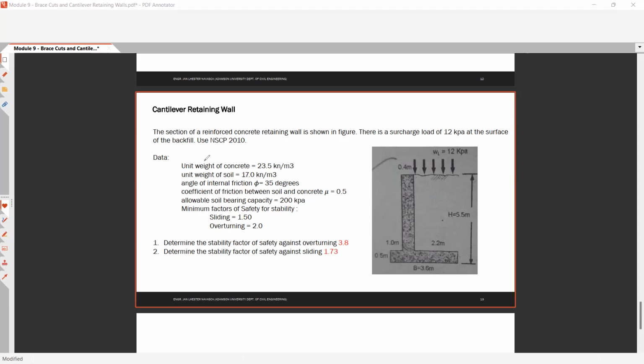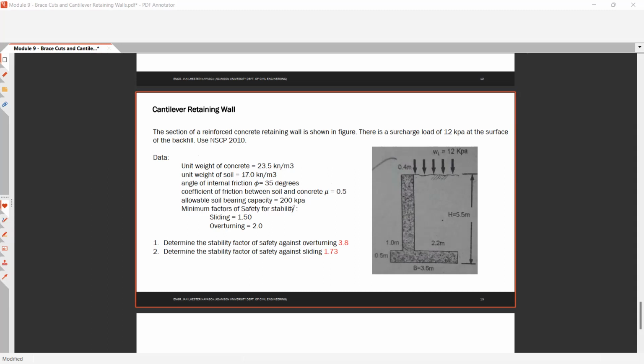Okay, the data of our cantilever retaining wall is given. Unit weight of concrete to be 23.5, the unit weight of the soil to be 17, the angle of internal friction to be 35, the coefficient of friction between the soil and concrete, let's say that is mu, that is 0.5. The allowable soil bearing capacity is equal to 200 kPa.